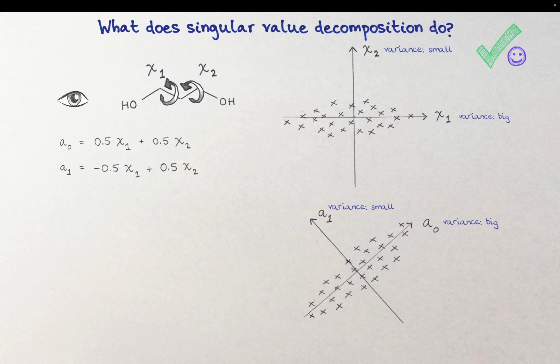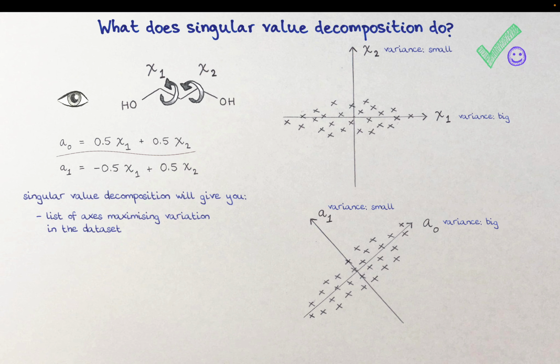So in this case, A0 is a positive correlation between chi1 and chi2, whereas A1, with the smaller variance, has a negative correlation. It takes one part of chi1 in the negative term plus a positive term of chi2. So the nice thing about singular value decomposition is that it will give you the list of the axes, which maximizes the variation in the dataset as shown in this example.